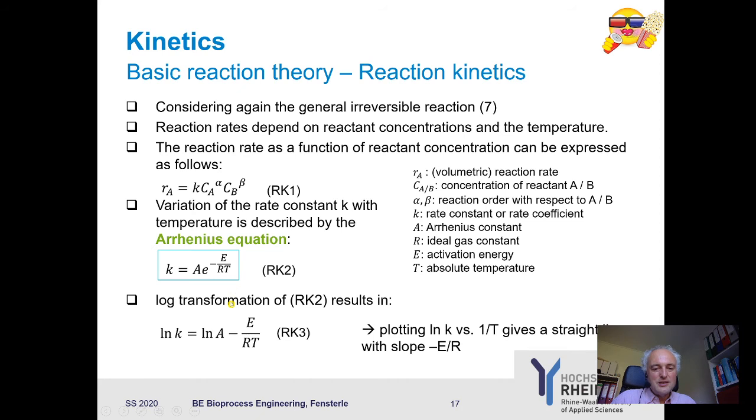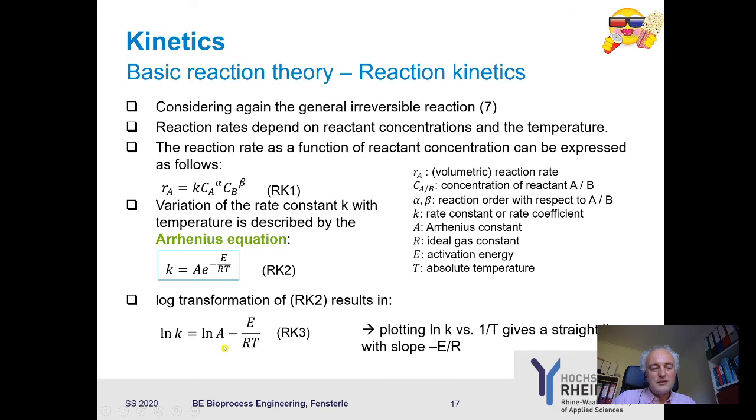And at the end, what is important: if you plot 1 divided by T versus ln k, which is in this case your specific growth rate, your slope is minus E divided by R.